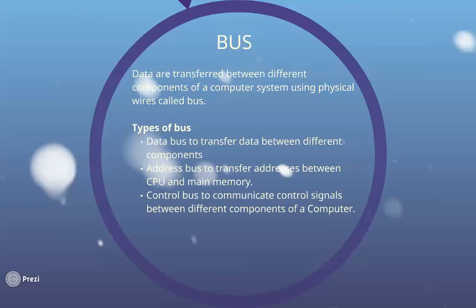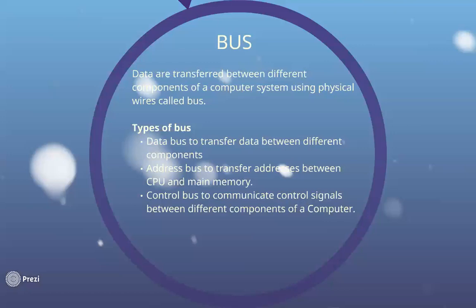There are three types of buses. First one is data bus, which is used to transfer data between different components. Next is address bus, which transfers addresses between CPU and main memory. Third one is control bus, which communicates signals between different components of a computer.